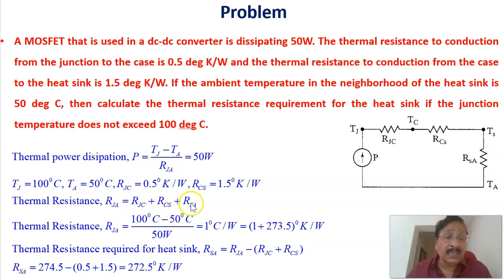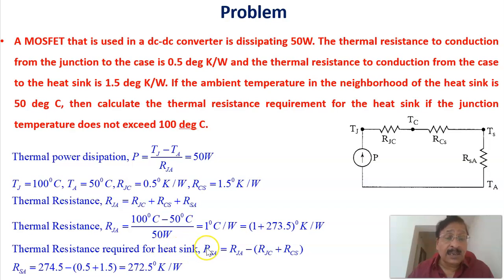The total thermal resistance is the sum of all these. Applying this equation, Rja is 100 minus 50 degree centigrade divided by 50 watts, which is equal to 1 degree centigrade per watt, or in degree Kelvin, 1 plus 273.5 degree Kelvin per watt.